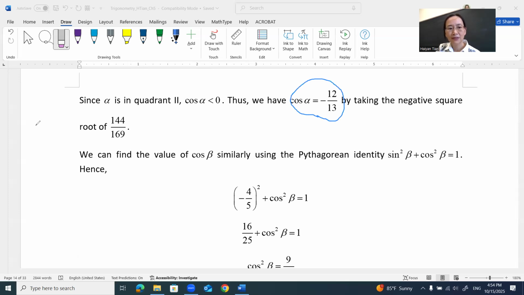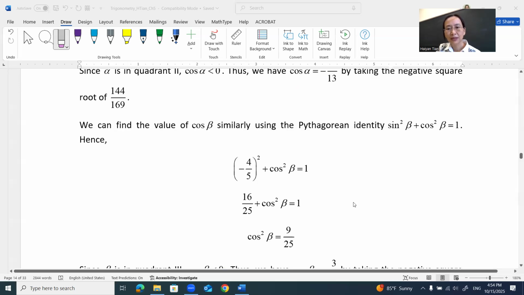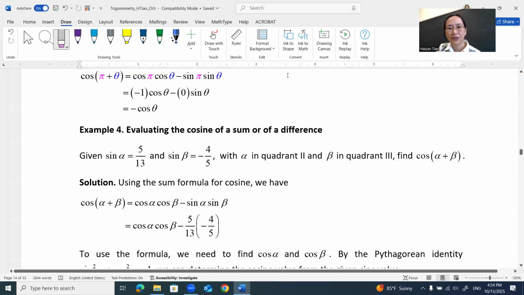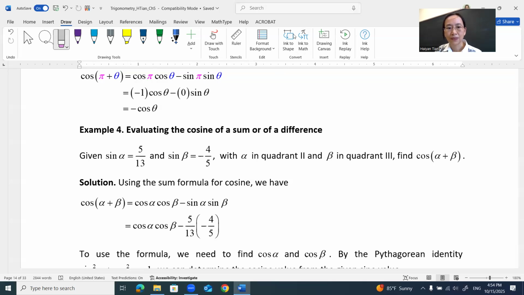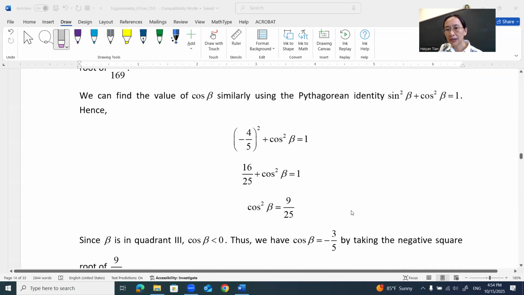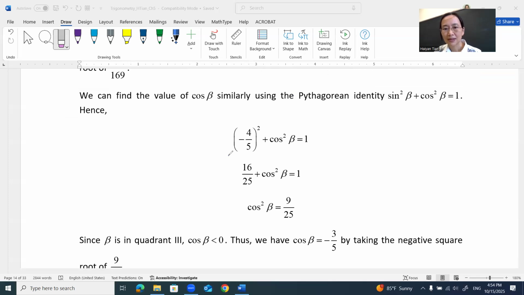Because we know the sine beta, we can find cosine beta, right? For beta, sine beta is given as negative 4/5. What is cosine beta? Using the same Pythagorean identity, sine squared beta plus cosine squared beta is 1. Squaring, that's 16 over 25 plus cosine squared beta is 1.